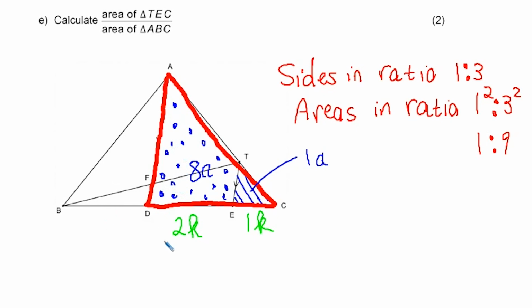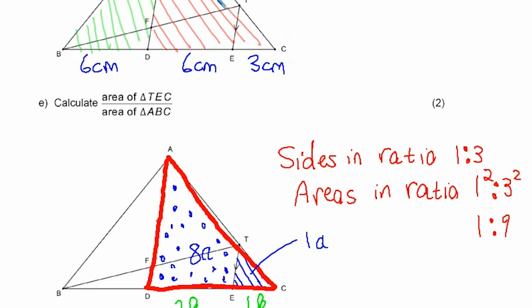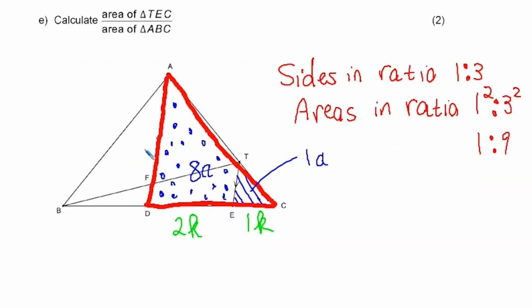Now what we are interested in is what proportion TEC, the little blue stripy triangle, is out of the whole triangle. But remember what we've done up top here. We looked at the ratio of this as to this, and we discovered that the red one to the blue one is 3:2. So the red one's actually 1.5 times the size of this one.